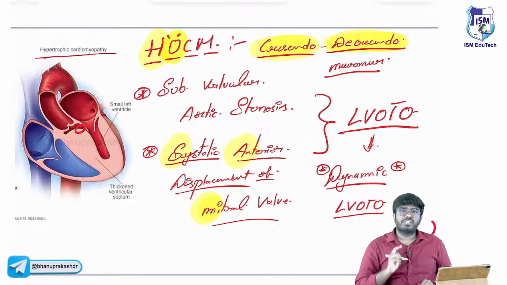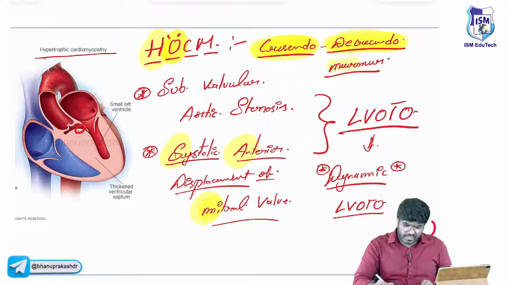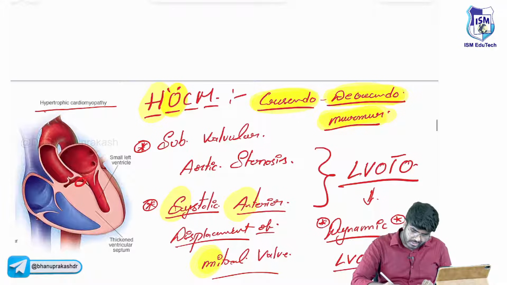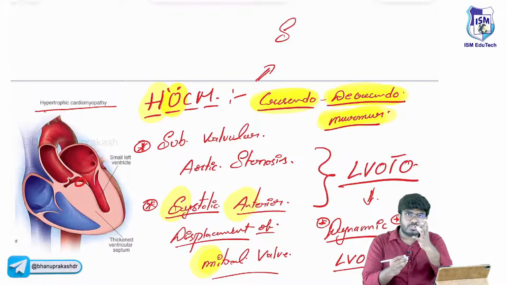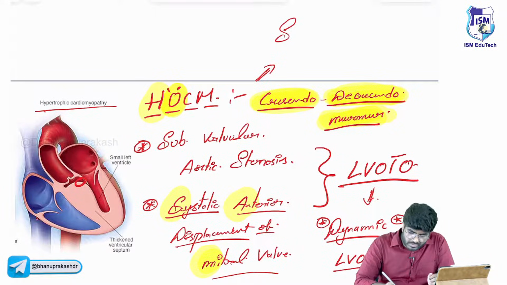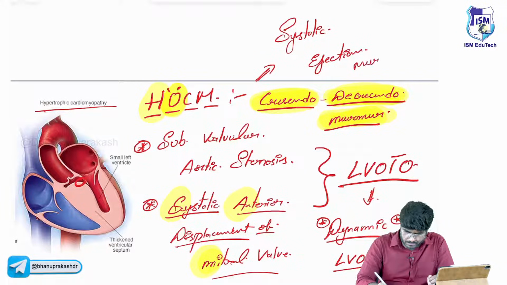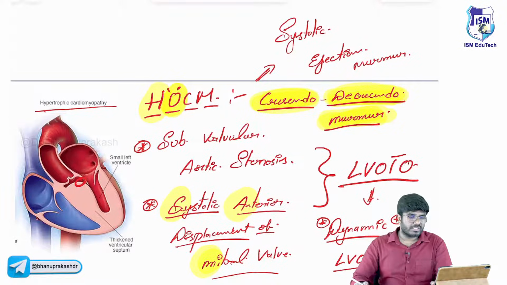Aortic stenosis or subvalvular aortic stenosis is going to cause a crescendo decrescendo murmur. There is one more name. It's also called as systolic ejection murmur. During systole, the murmur is there. Systolic ejection murmur, sir.